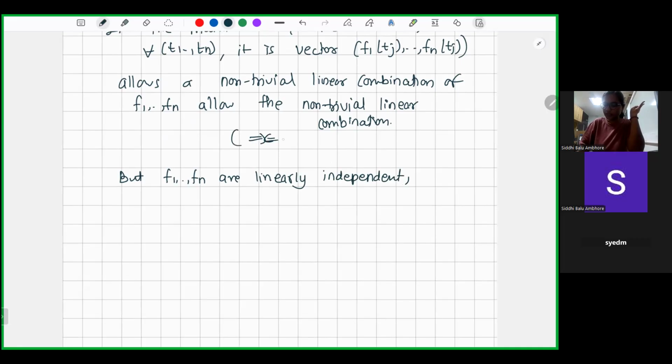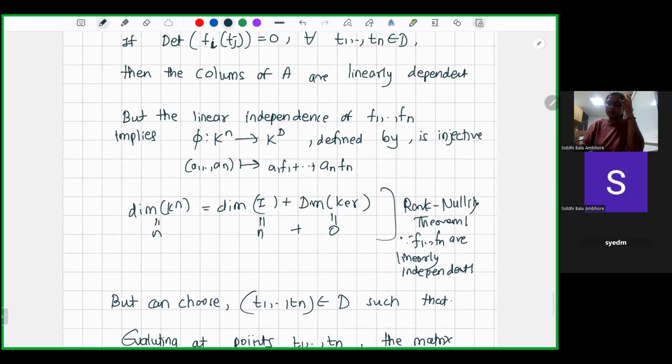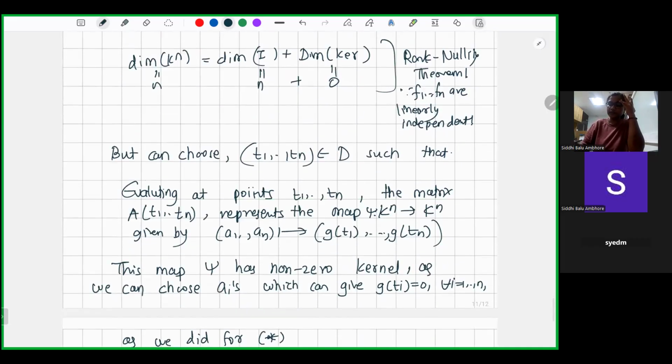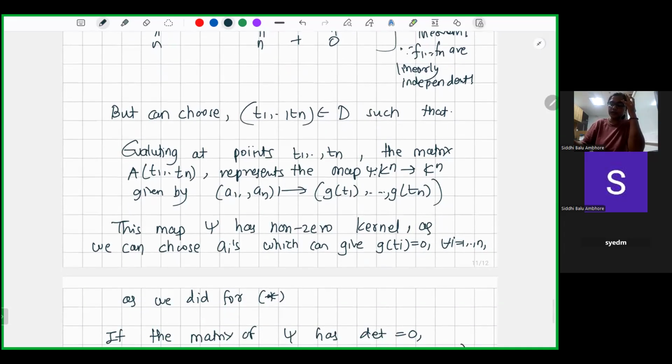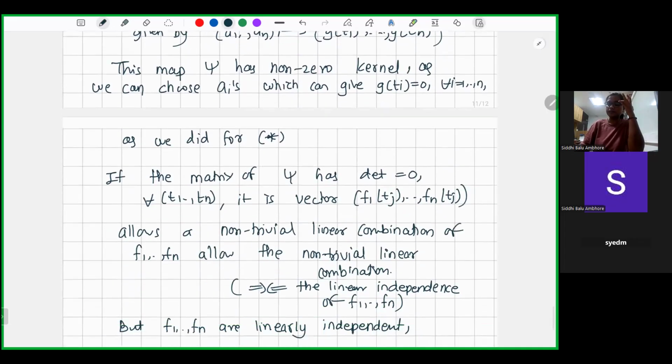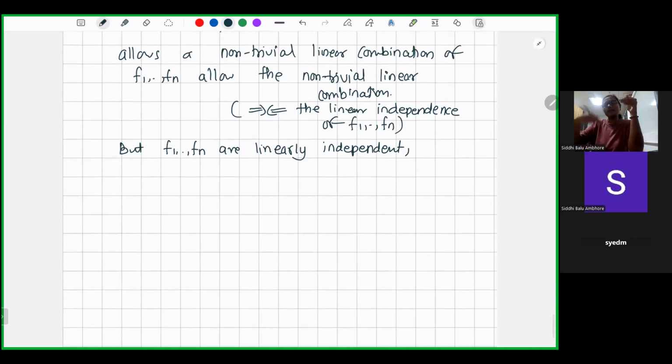This contradicts the linear independence of F1 to Fn. So understand that we defined two maps here. This phi will have non-zero kernel, but then we are defining this new evaluation map, and this has non-zero kernel, and that gives me the contradiction for linear independence of F1 to Fn.